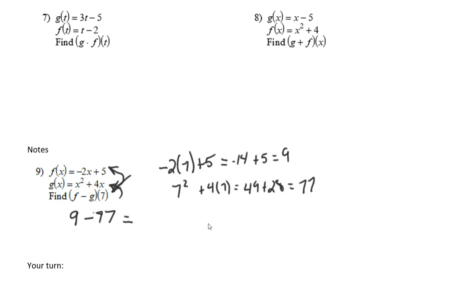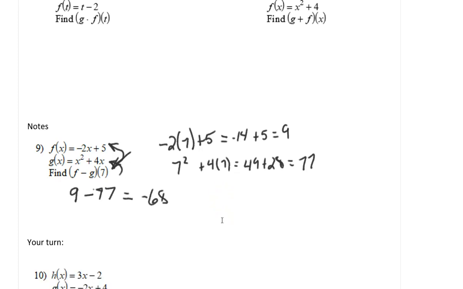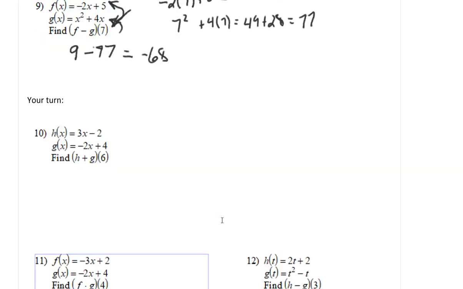And your answer is negative 9 minus 77, which is negative 86. And that's it. You're done. So the difference is you're plugging numbers in for number 9, whereas up above, we were leaving them generic with the variables.